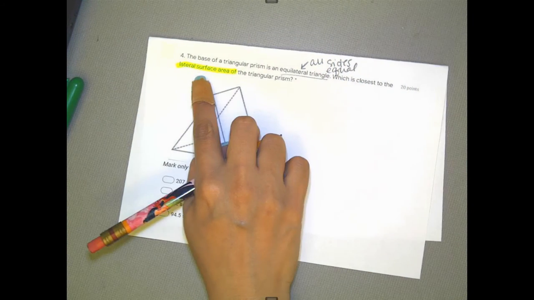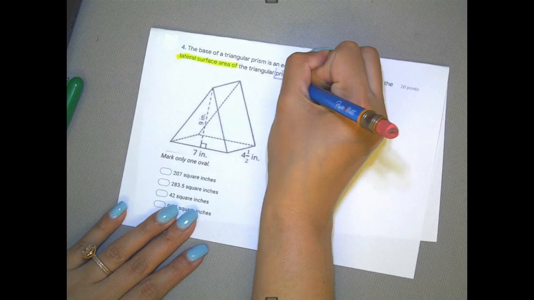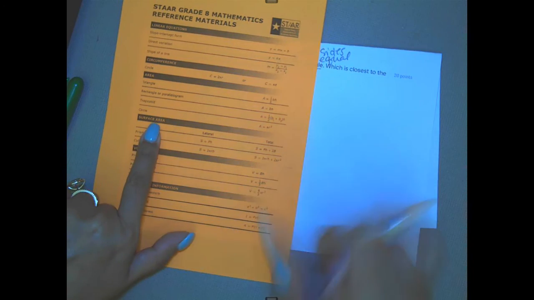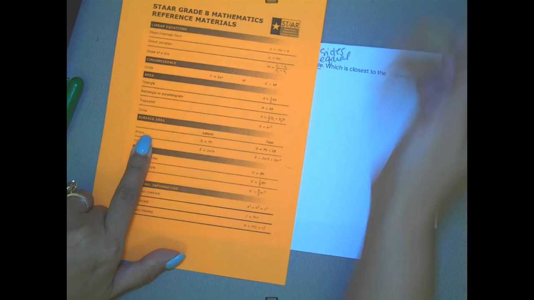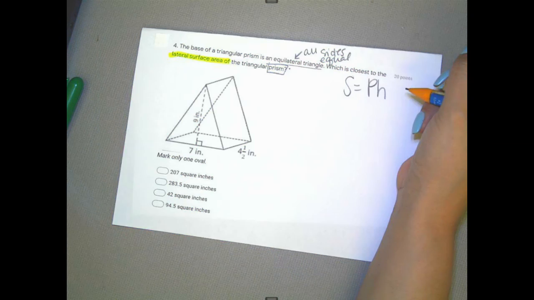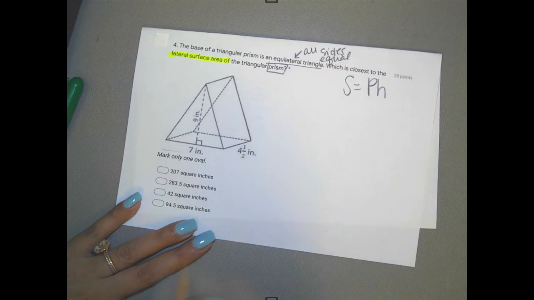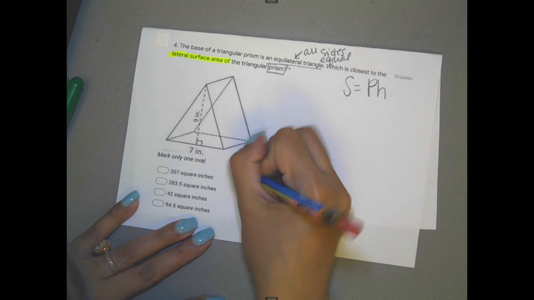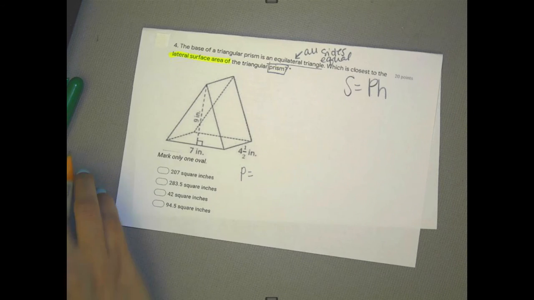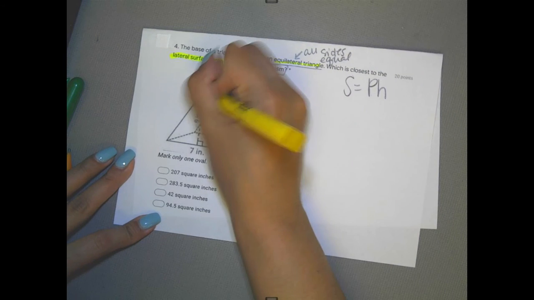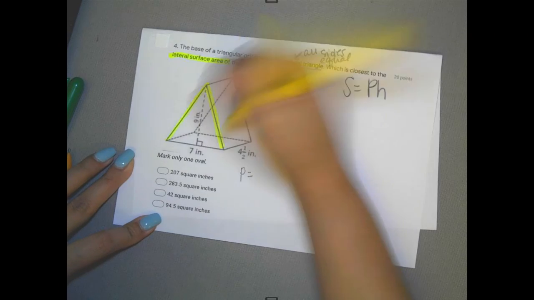And I want the lateral surface area, and it tells me prism. So on my formula chart, surface area, lateral prism, I'm going to use S equals PH. Okay, so I need my perimeter of my base shape, and it tells me that's going to be the triangle, the equilateral triangle.